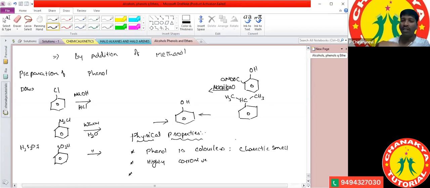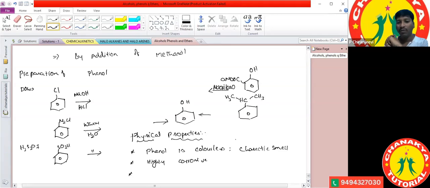If it is poured on the skin, it causes blisters and a burning sensation. That is what we call corrosive nature. So whenever you enter the lab, be careful with concentrated sulfuric acid and phenol also.